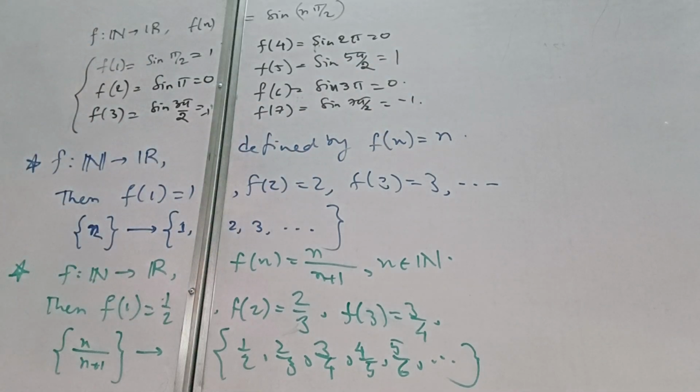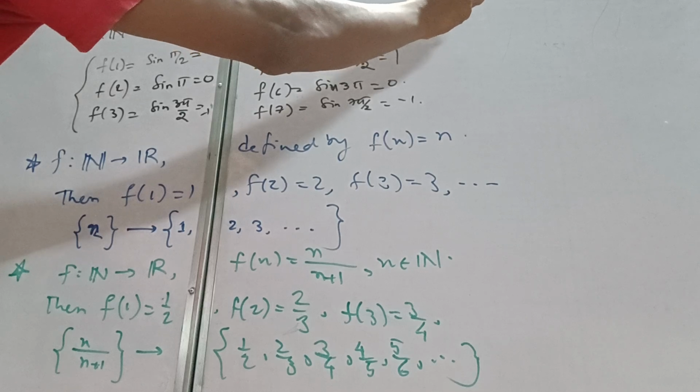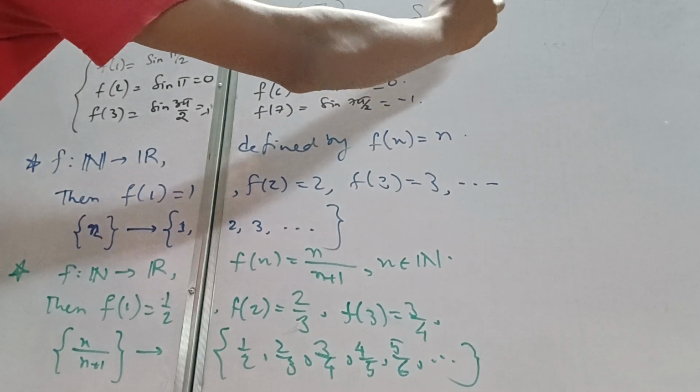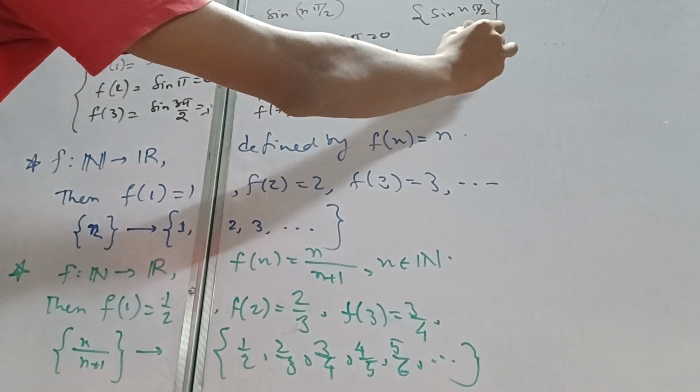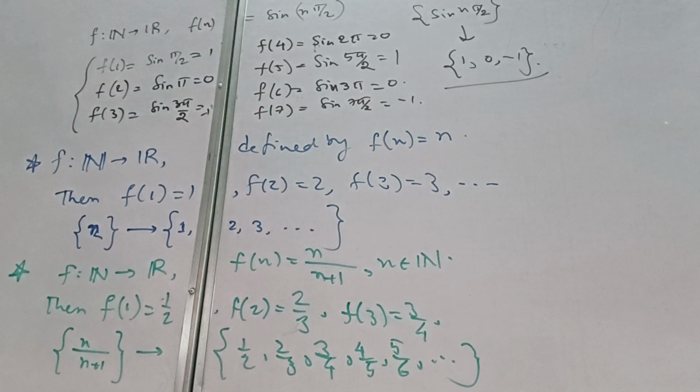So this sequence sin(n pi/2) gives 1, 0, minus 1. So we have given examples of three sequences and the definition of a sequence, or real sequence.